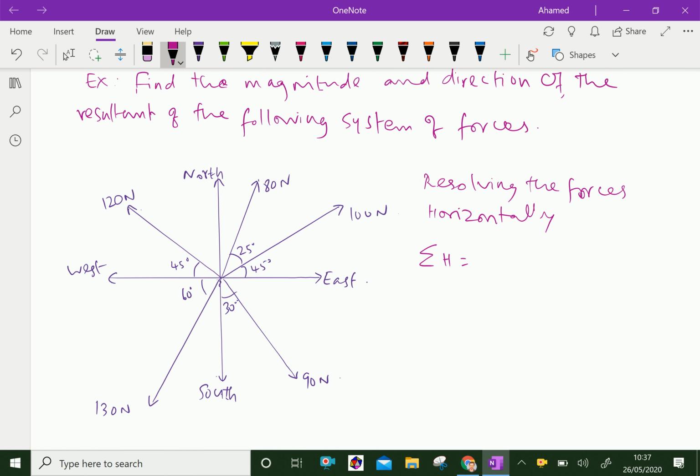Here, the first force is 100 Newton cos 45, plus 80 Newton, 45 plus 25 is 70, so 80 cos 70, plus 120.